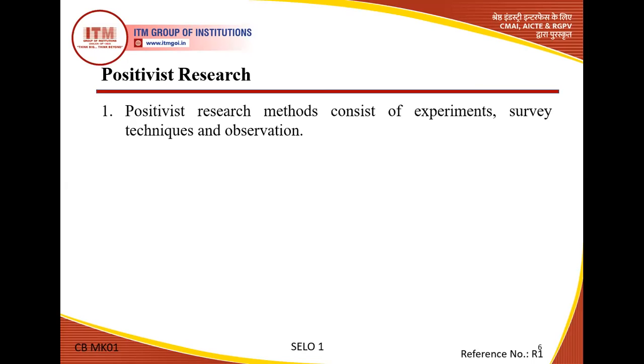You all have studied research methodology in the previous semester, that is your second semester, and you try to match these characteristics with a type of research which I have taught you in the second semester.